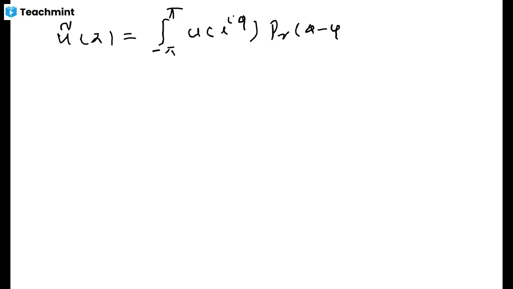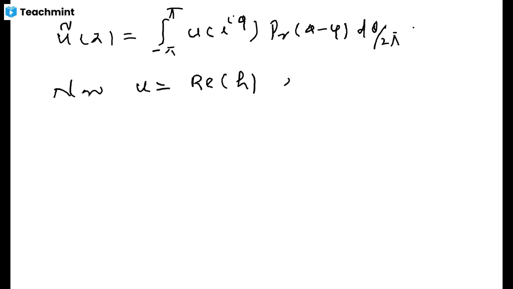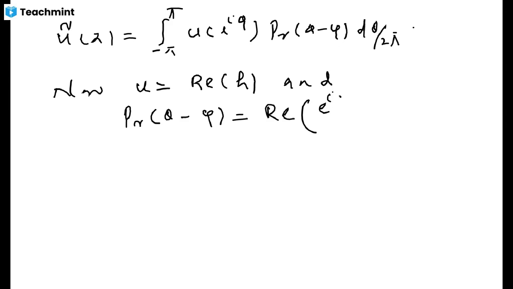Now u is the real part of h, and P_r(theta minus phi), as I said in the last property, has to be the real part of (e^{i phi} plus z) upon (e^{i phi} minus z). It is the real part of this function.